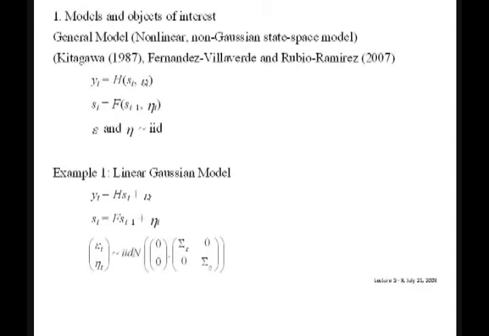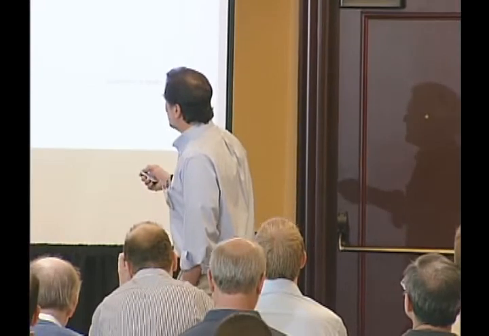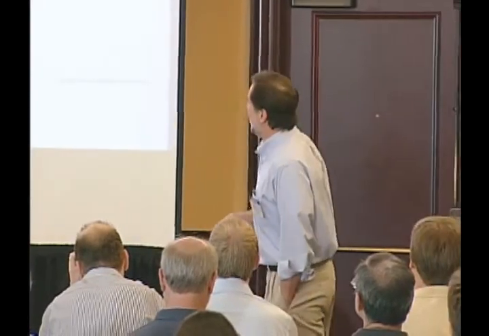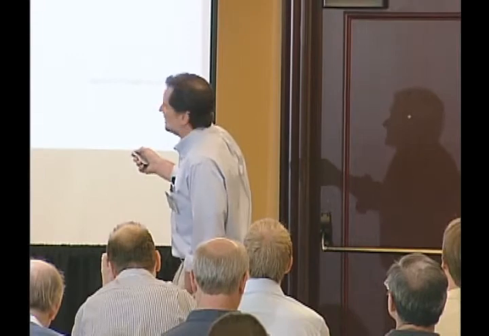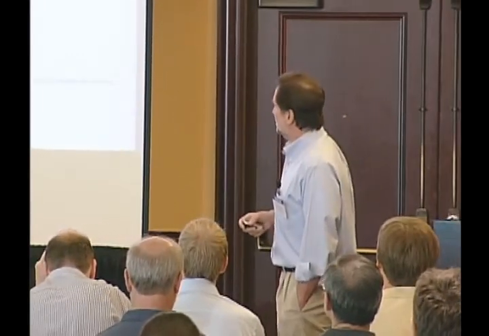But it's got this sort of pretty simple structure to it. So you've got some observed variables y, and those depend on some states that are latent, s, and some noises, epsilon. So both s and epsilon you don't observe.